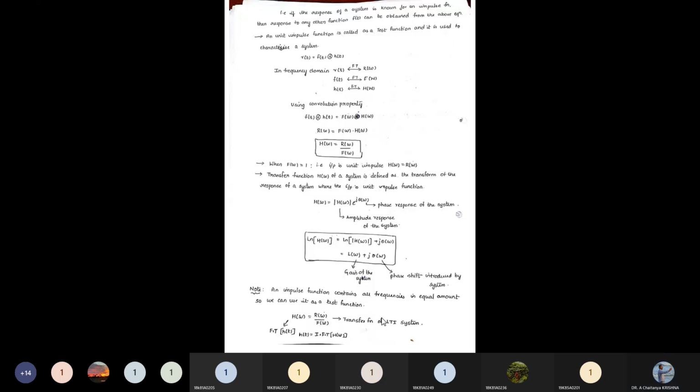Remember, you have to know 3 terms compulsorily. One is the impulse response, second one is the output response and next one is the input function.